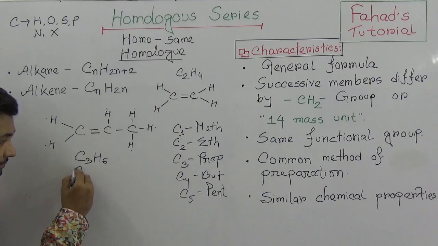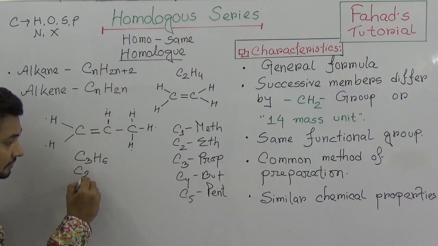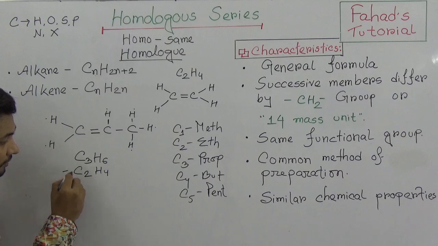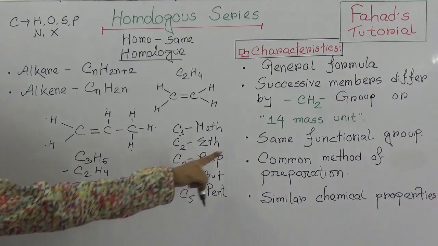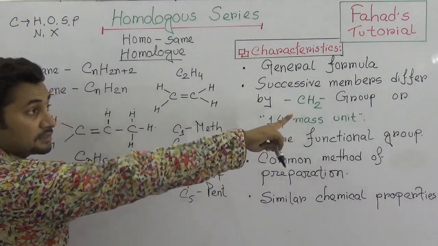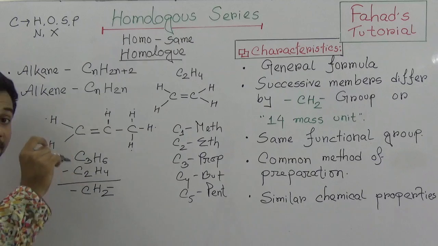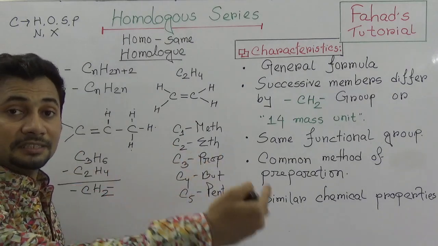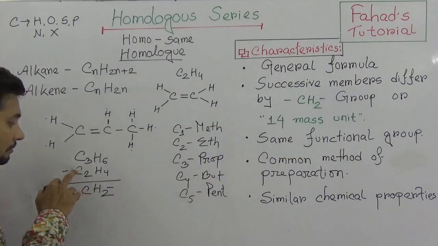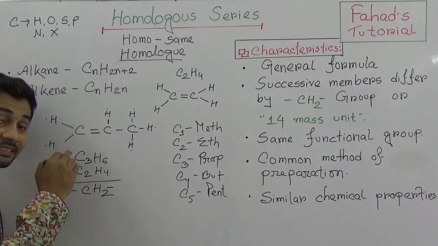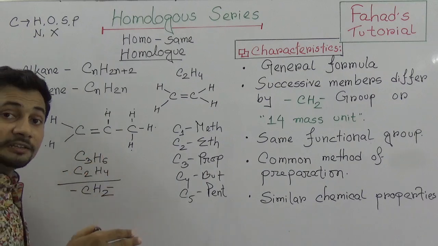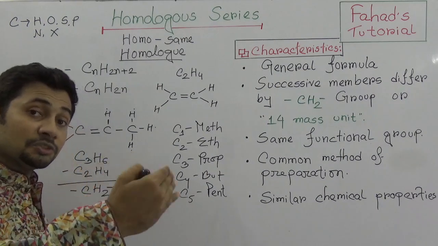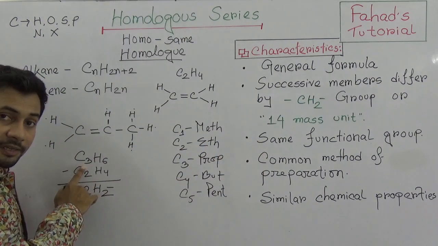If you just subtract ethene, C2H4, then you will find a CH2 group. The successive number means the immediate next member. So propene is a CH2 group higher than ethene, and similarly butene would be a CH2 group higher than propene.